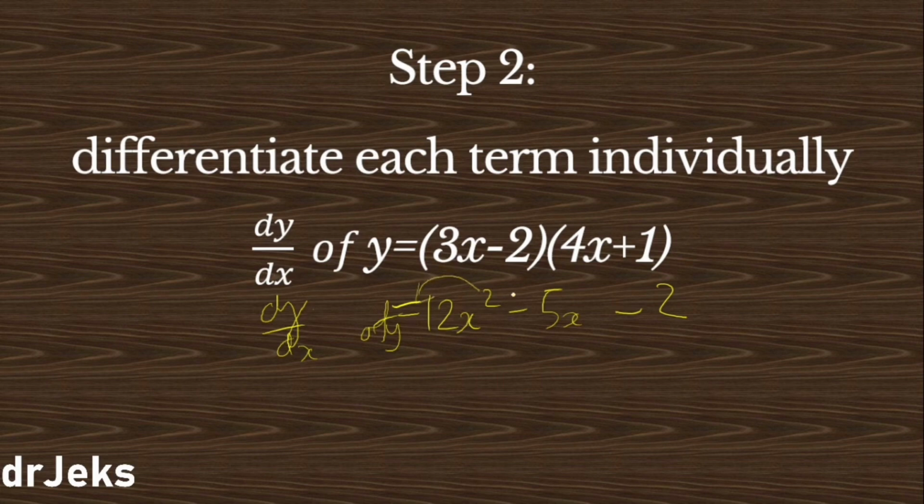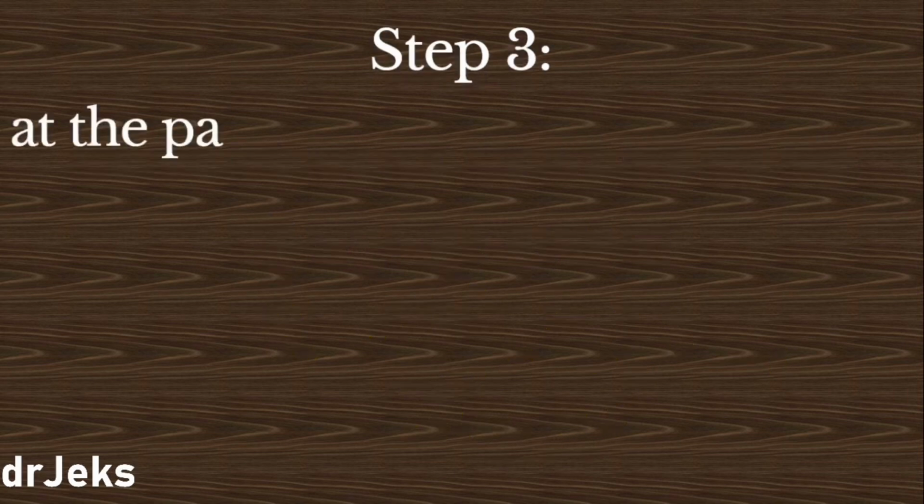So for 12x squared, we're going to multiply the 2 by 12 and then subtract 1 from the power. So it will be 2 times 12 x to the power 2 minus 1, minus 5 x to the power 1 minus 1. And then the derivative of minus 2 is equal to 0. Here we're going to get 12 times 2, 24x, minus 5, and then the 0 will just remain a 0.